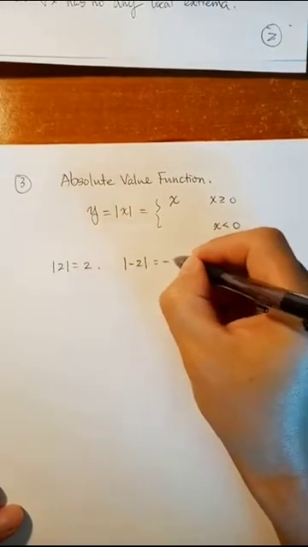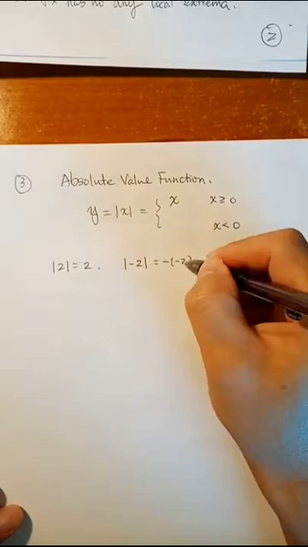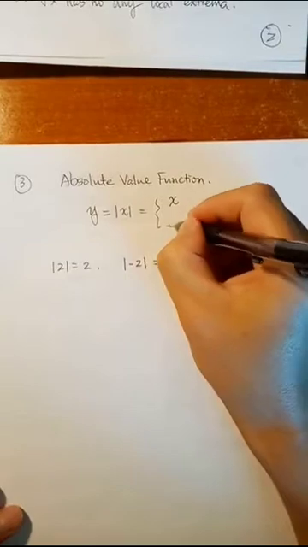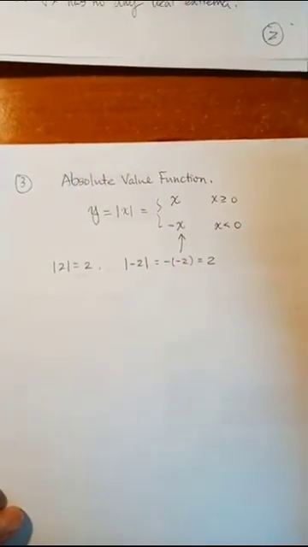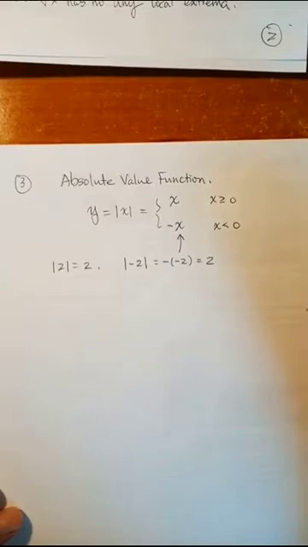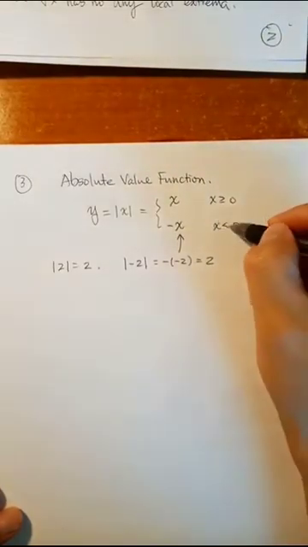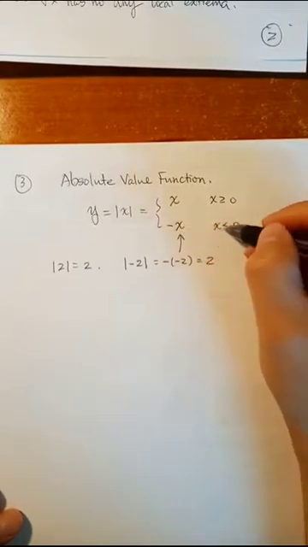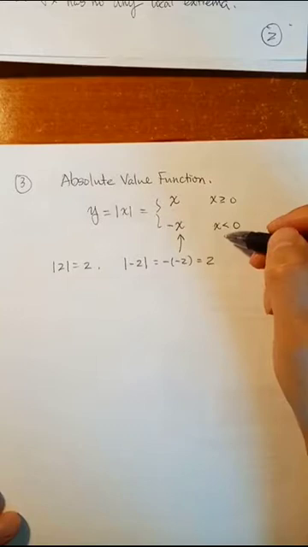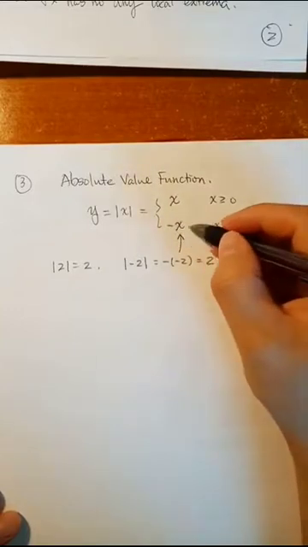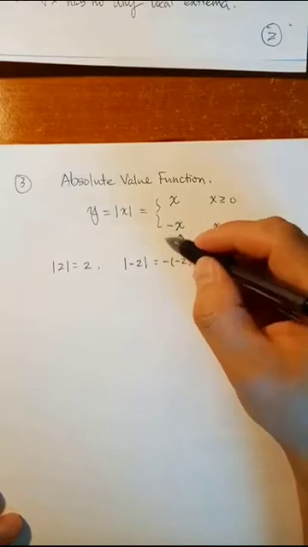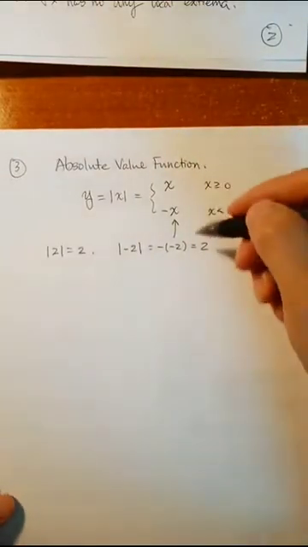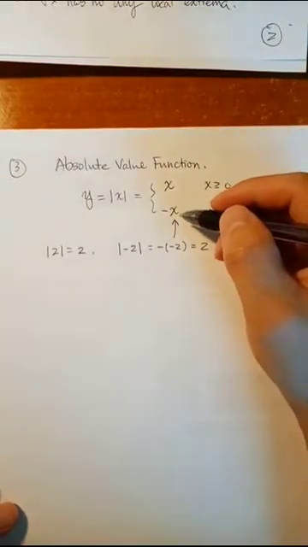We actually use an additional negative sign to balance it. So negative 2, you put an additional negative sign, it becomes positive 2. This is used to define the absolute value for the negative numbers. So when x is negative, negative x is positive, and it is the absolute value of x. Even though it contains a negative sign, because x itself is negative, with this negative sign, you do have a positive value. So this is the definition for the absolute value function.